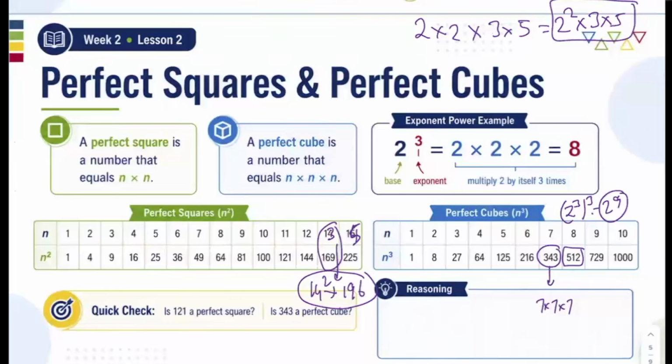So here's my question. Can you find a number that is both a perfect square and a perfect cube? Go ahead and think about it. If you find one, tell me.